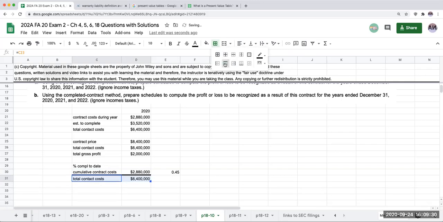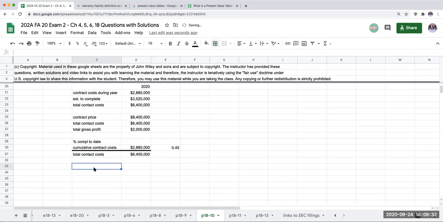So if I'm at 45%, it basically means out of this total gross profit, I'm here at 2 million, okay? Basically my percent complete to date is 45%.